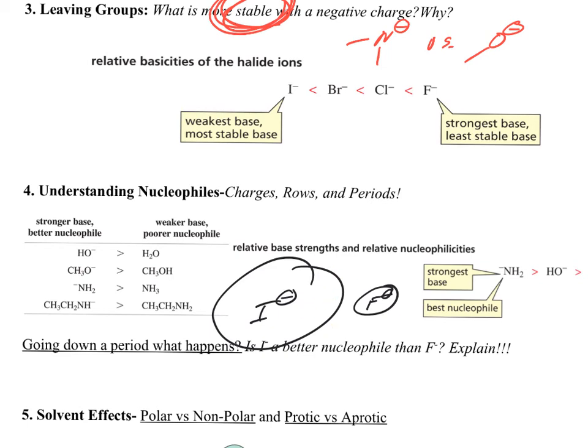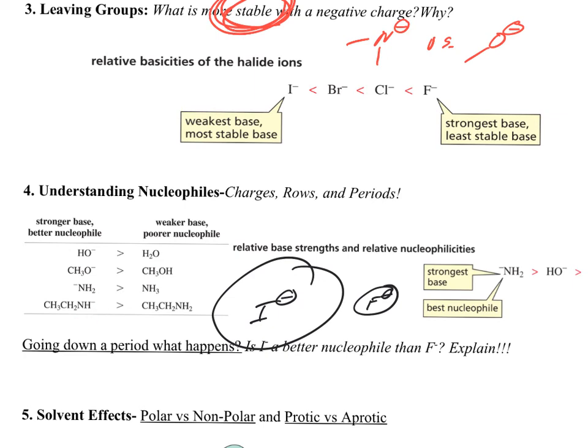So things with negative charges will be more reactive nucleophiles. Charges first. If something has a negative charge, that's the nucleophile. Then you look at the periodic table. Across the row, if something has a negative charge, you want it to be less electronegative. That makes it more reactive as a nucleophile. N minus is more reactive than O minus.